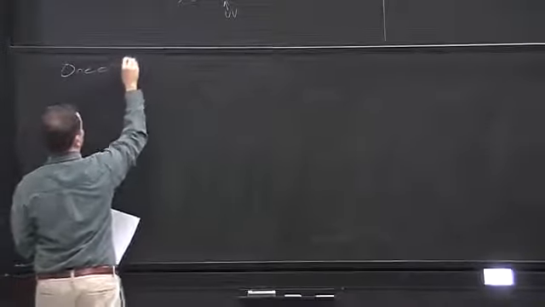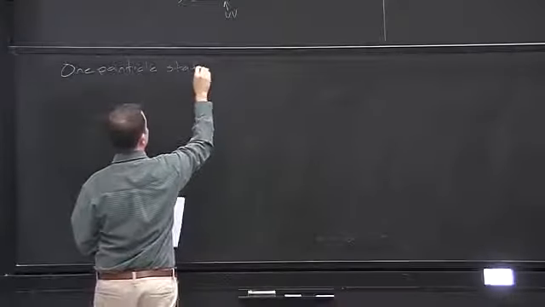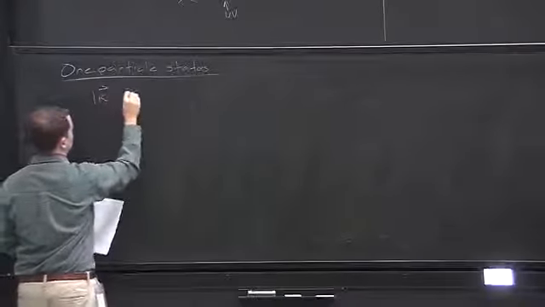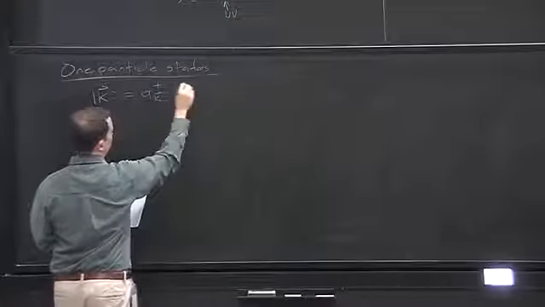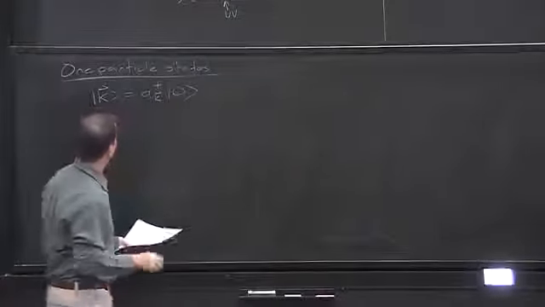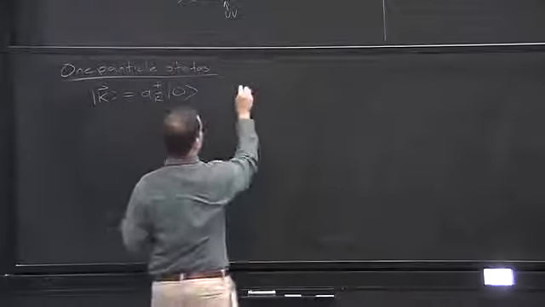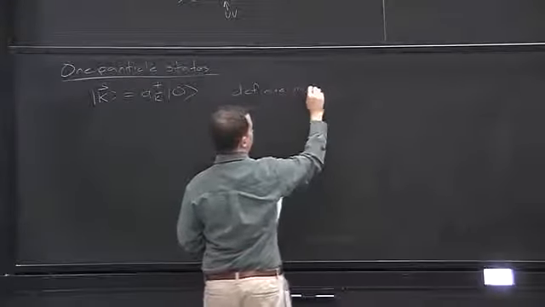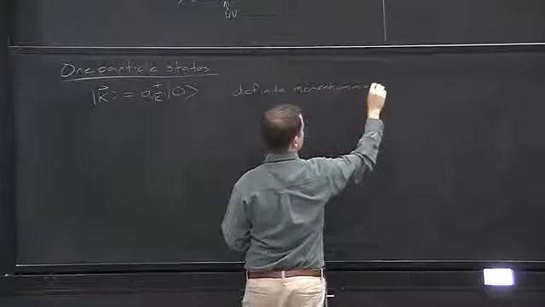As I alluded to before, the one particle states are the states that we get by acting with the creation operator on the vacuum state. And these are states of definite momentum and energy.